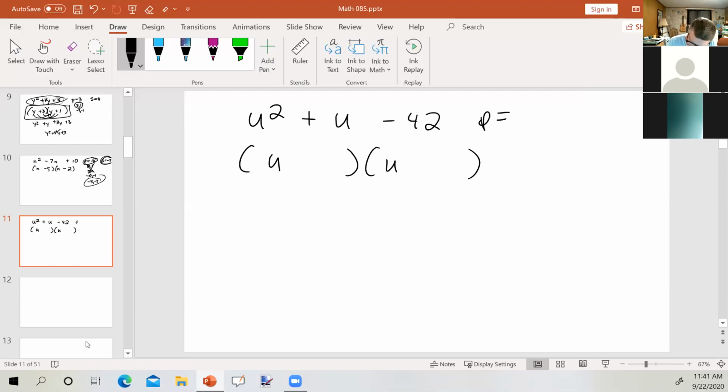We need a product that's negative 42 and a sum that's equal to what? What's the coefficient of U? Right here. What's the coefficient there? 1. Good. So I need a product that's negative 42 and a sum that's positive 1.